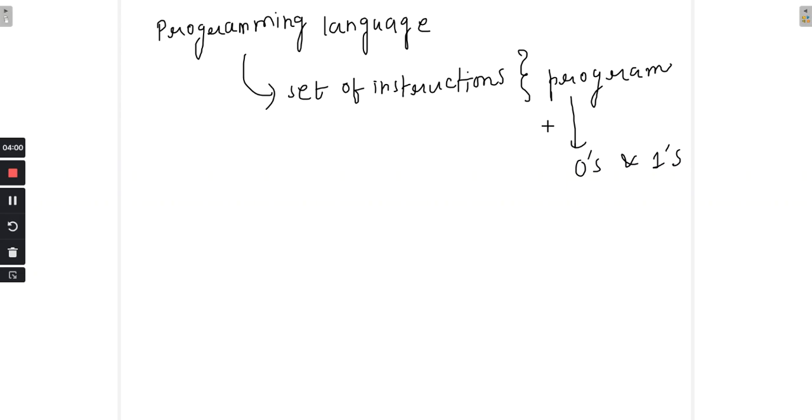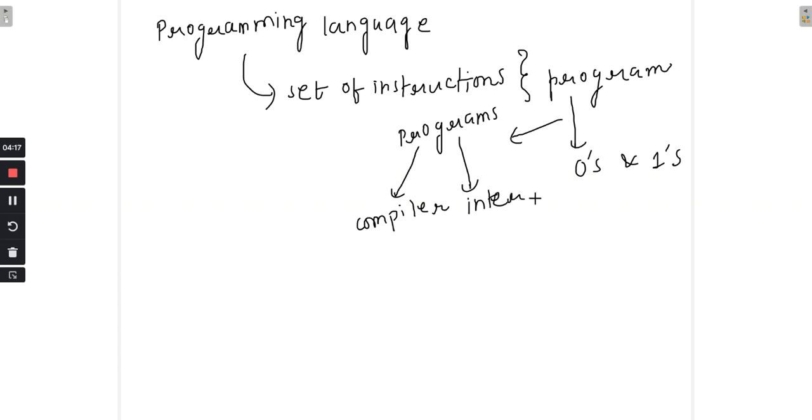We have separately written programs called a compiler or an interpreter that does the job of translation for us. Some languages use compilers, some languages use interpreters. These programs help us to translate the program that we have written using the programming language to the machine language of zeros and ones.